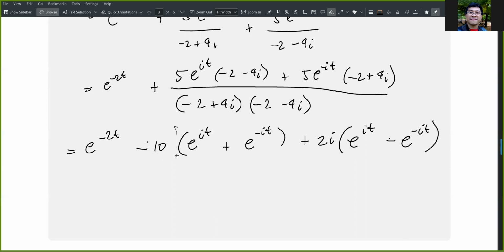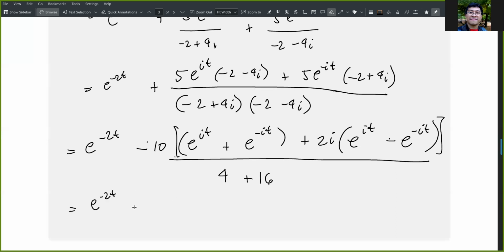all over, for this: minus 2 times minus 2, that'd be 4, plus 16. Actually it's supposed to be minus 16 i squared, which is negative 1, so plus 16. So this is 20, so minus 10 over 20 e^(it), that's 2 cosine of t plus 2i, and this one is sine, so 2i sine of t.